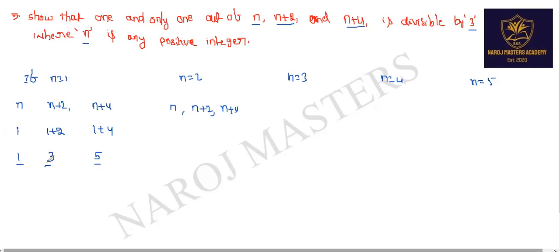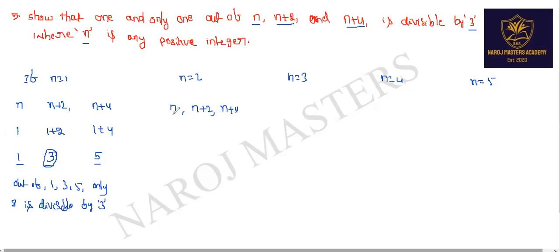Out of these three, 1, 3, 5, only 3 is divisible by 3. The same procedure for the remaining numbers also.